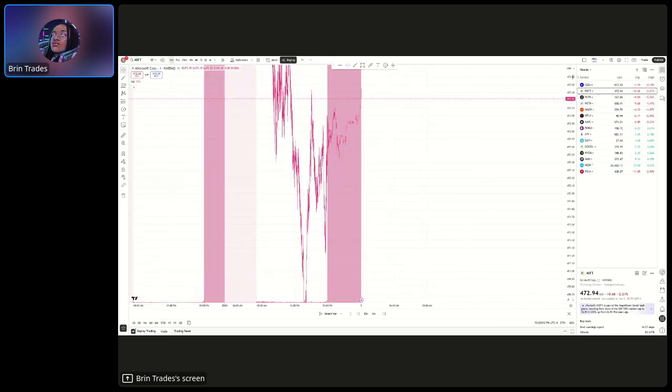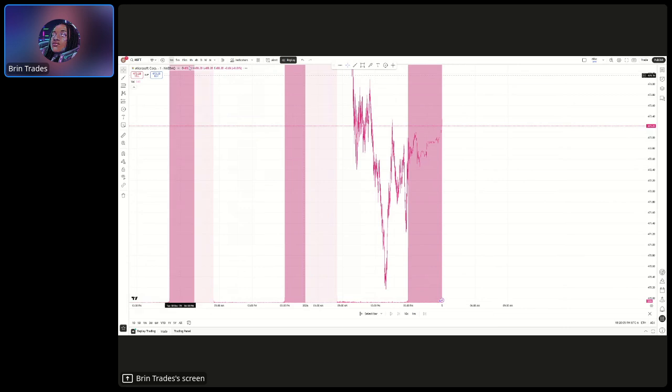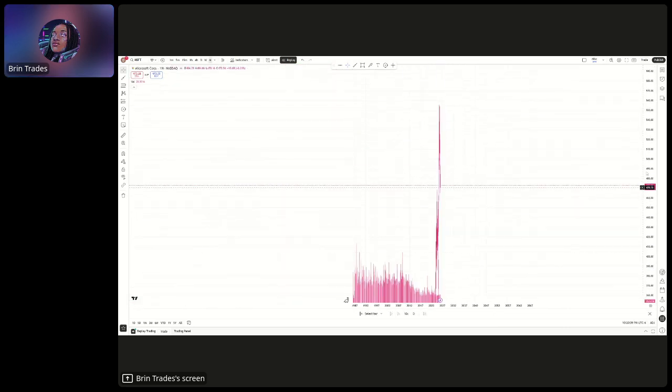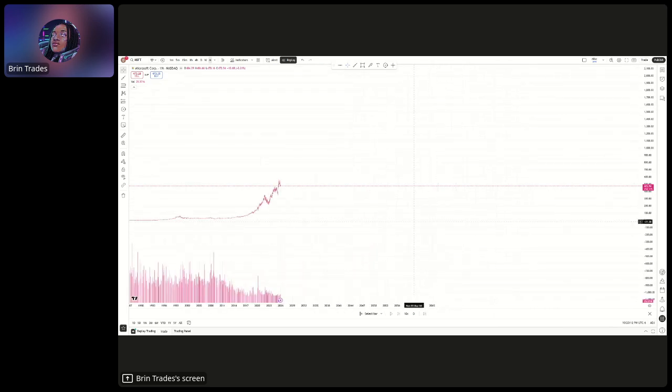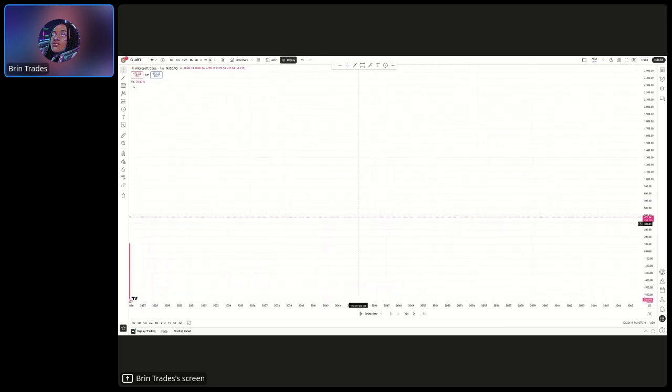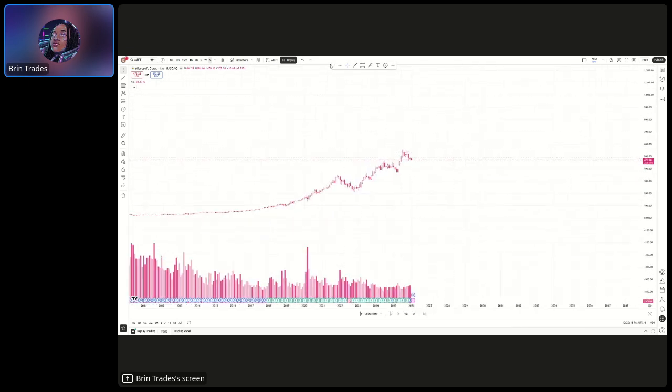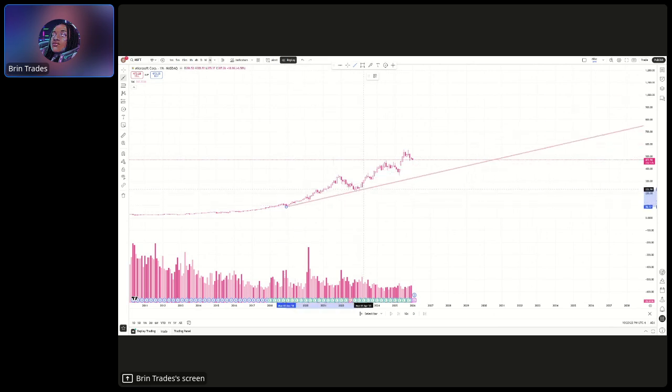So for Microsoft, do the same top-down analysis, go down to the monthly. And because it shot up so much in the past year, this is actually not too bad. I don't mind starting from here.